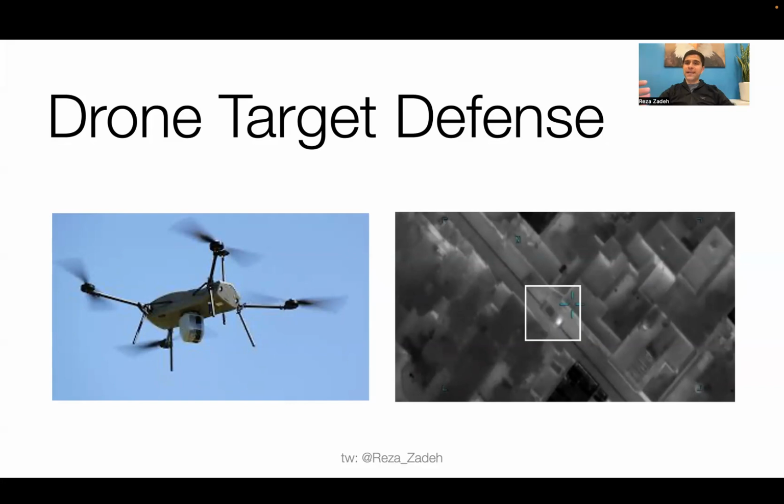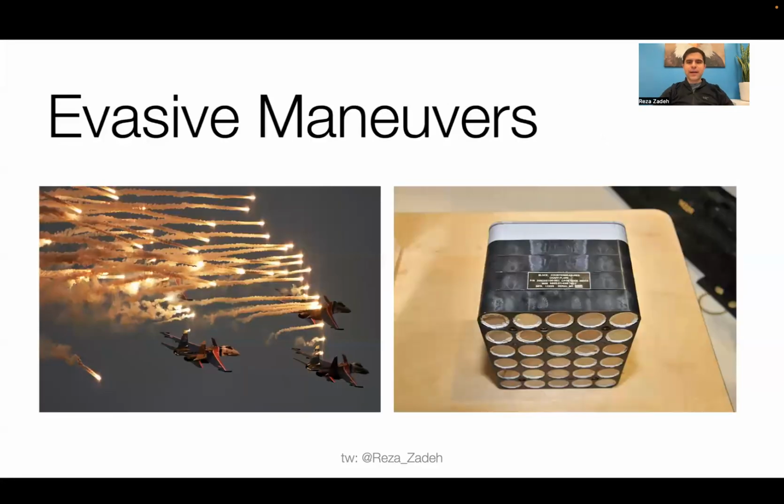This would actually be a good defense. These kinds of defenses have been around for a long time. If you have ever seen fighter jets give off fireworks, it's not actually fireworks. It's flare and chaff coming out of an airplane in order to fool sensors on board missiles that are coming after the plane.